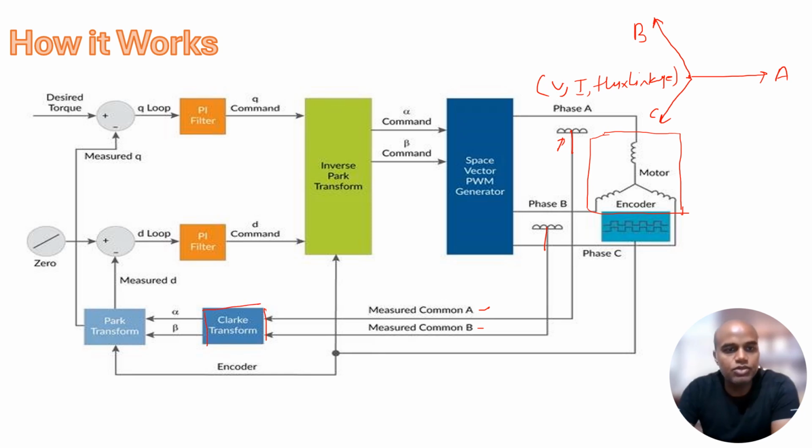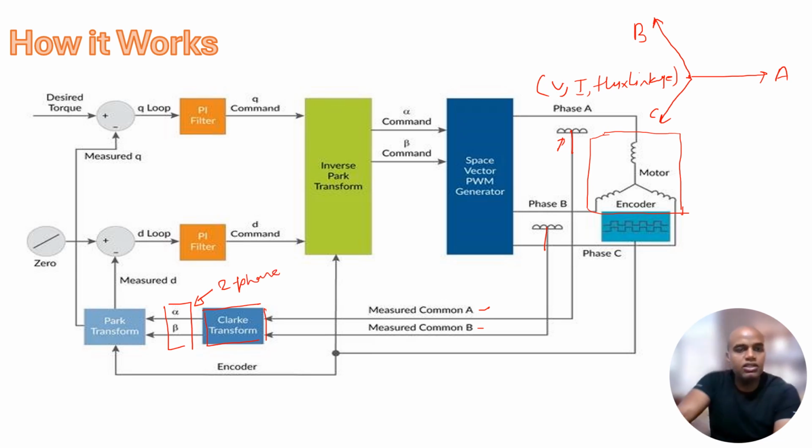What Clark's transformation does is convert my three-phase stationary frame into a two-phase stationary frame. The alpha and beta are the output from my Clark's transformation.